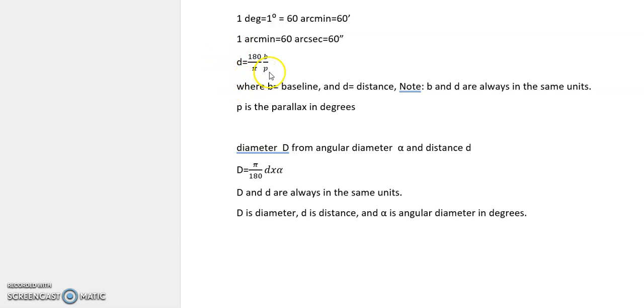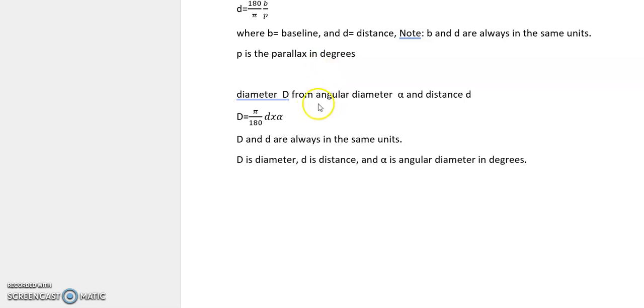So if you know the parallax, that's what P is, and you measure the baseline, then you can measure the distance to objects. We're going to actually have a lab, if you haven't had the lab yet, on measuring parallax. You'll definitely do that, but we'll do an example or so.